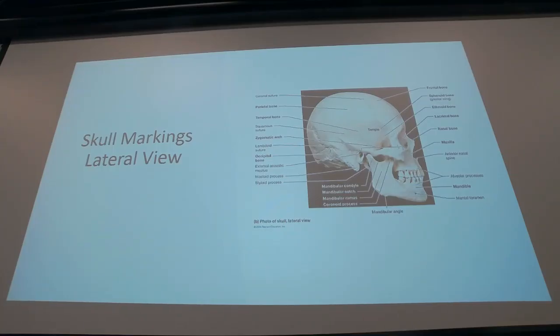So this connection between the temporal and the parietal is called a squamous suture. Sutures are immovable connections between bones in the skull.